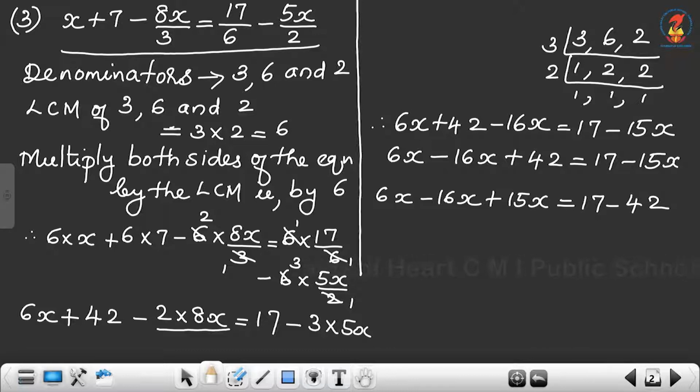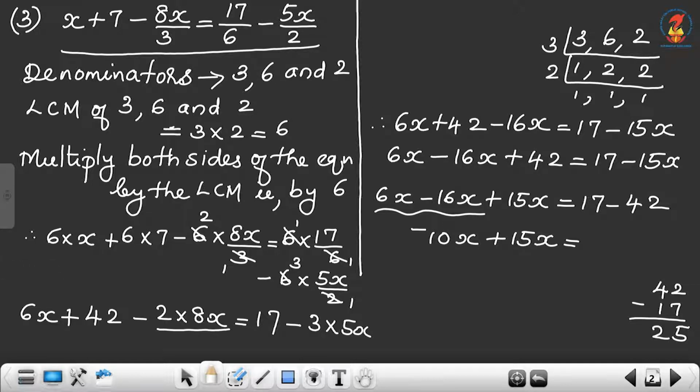Minus 42. Then first simplify. 6x minus 16x, what is the answer? Negative 10x plus 15x equals 17 minus 42. So 17 plus negative 42 gives the answer negative 25.